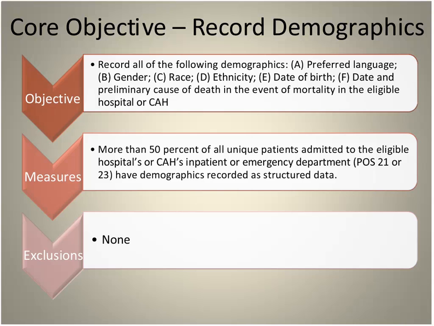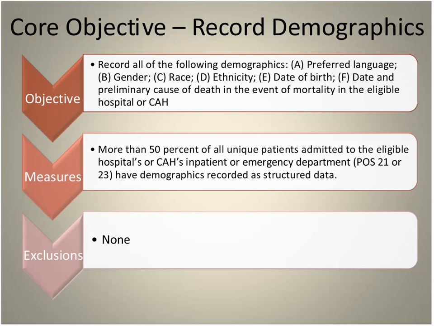What's the measure? The measure for that is that more than 50% of all unique patients, so there's that term, unique patients, that are admitted to the eligible hospital or a critical access hospital, to either the inpatient or the emergency department. There's the emergency department, and why we wanted to make sure the definition of patients that are counted there is understood. Have this demographic information recorded as structured data.